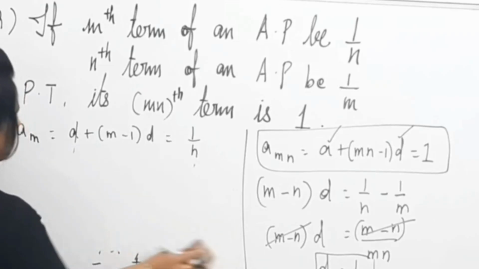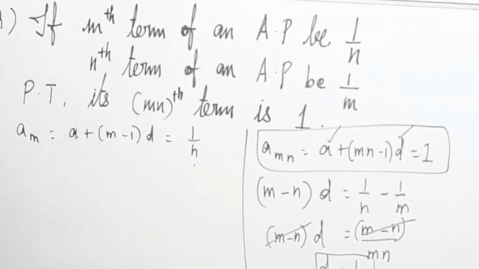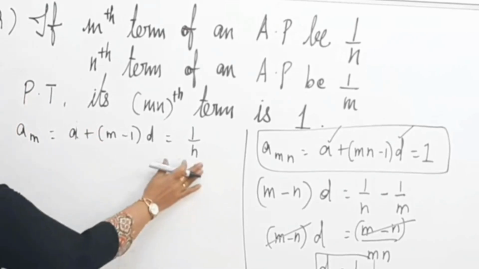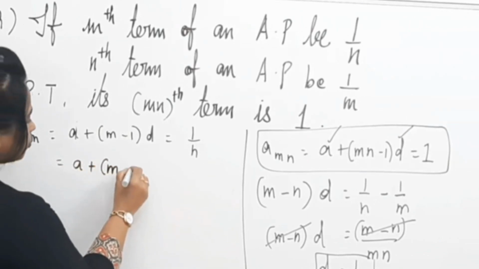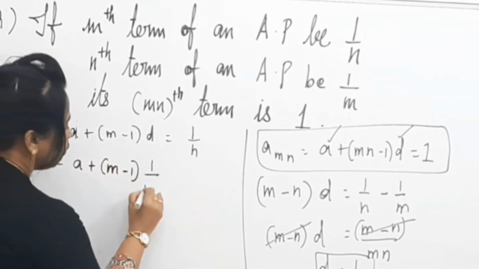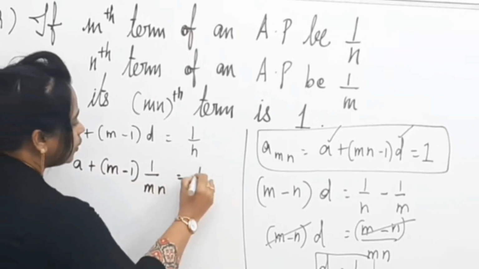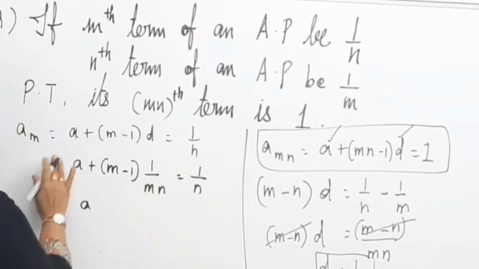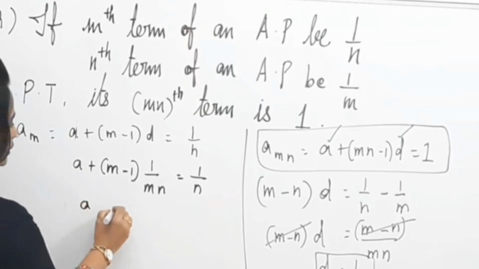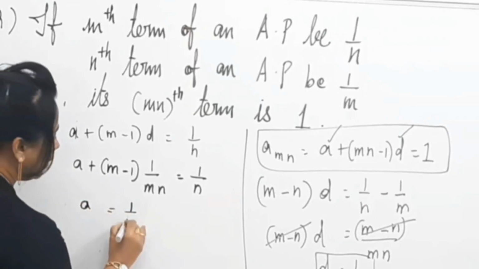I will substitute so that my equation becomes a plus m minus 1 into d, d is 1 by mn, is equal to 1 by n.